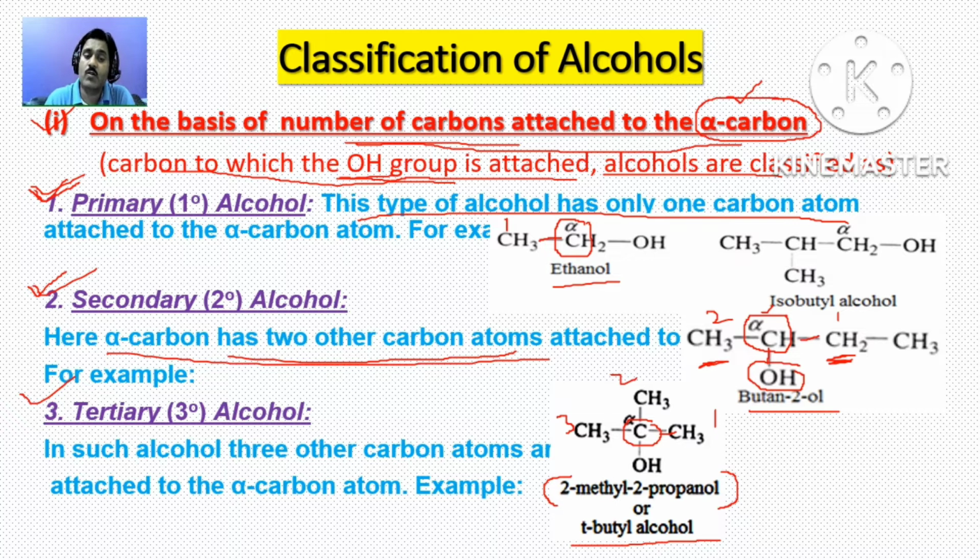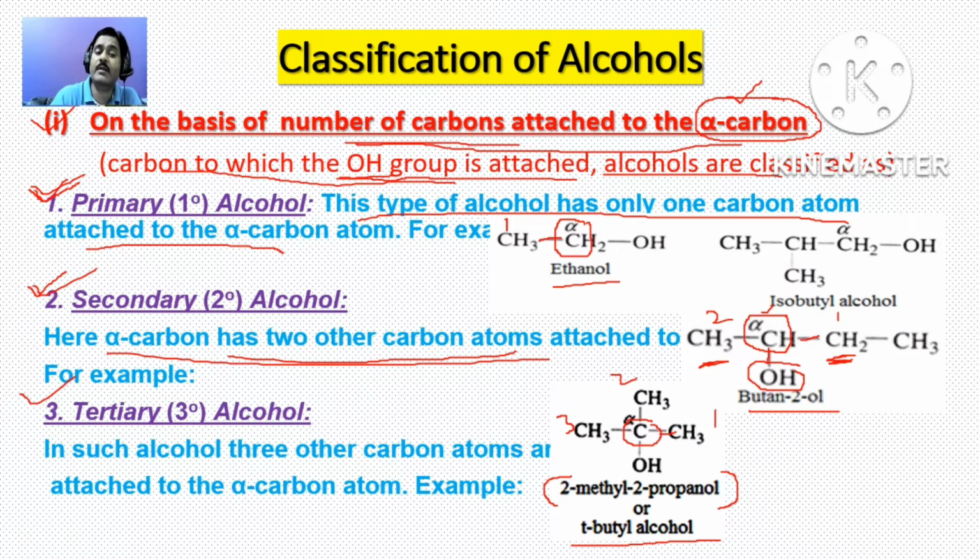Now, on the basis of the number of carbon atoms attached to the alpha carbon atom: what is the alpha carbon atom? It is the carbon to which the hydroxyl group is attached. If the alpha carbon atom is combined with only one carbon atom, that is called a primary alcohol.